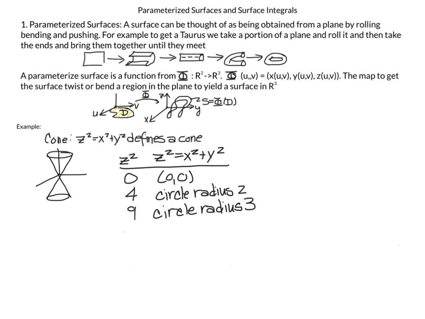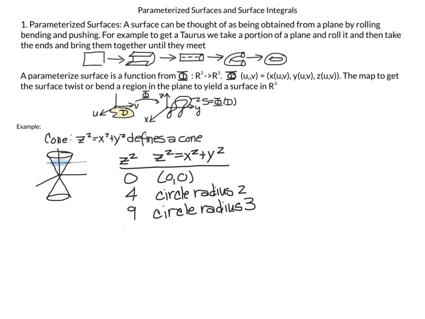When z squared is equal to 4, so z is equal to 2, we're up a little bit higher right now. We see that z squared is equal to x squared plus y squared. Well, the x squared plus y squared terms are giving us a circle of radius 2. So over here, we have this circle of radius 2.